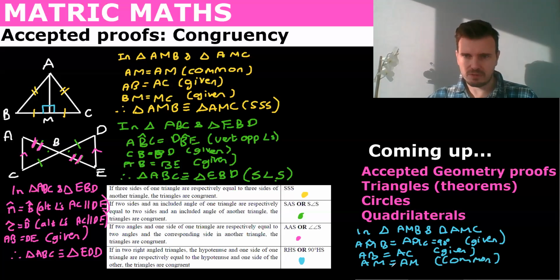And so we say, therefore, triangle AMB is congruent to triangle AMC.